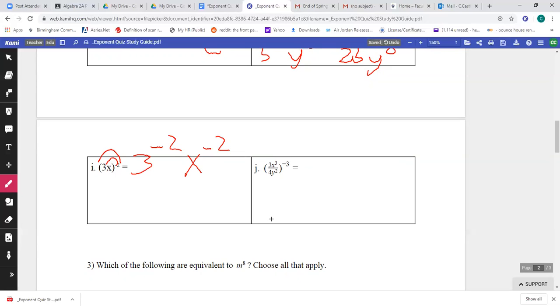And then we are going to flip both of them since they have negative exponents. So this will become 1 over 3 squared x squared, which is just 1 over 9x squared.